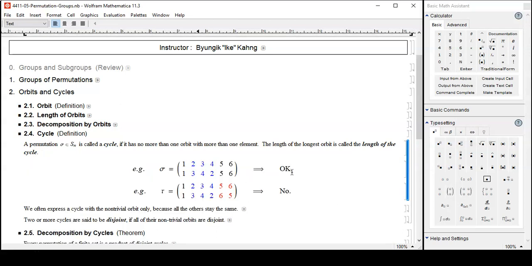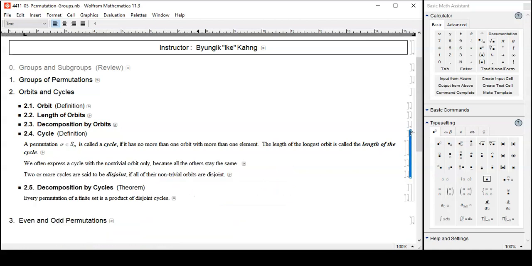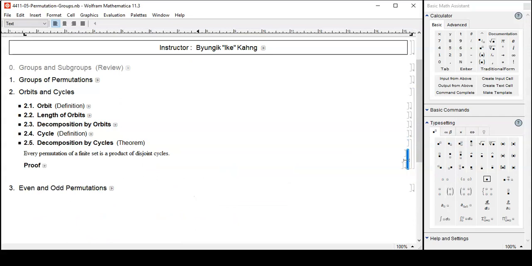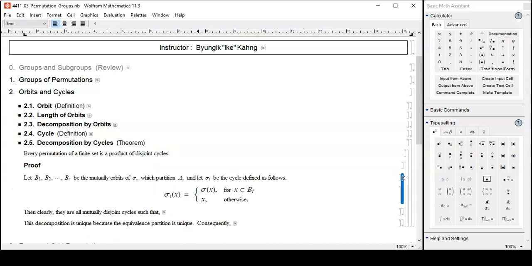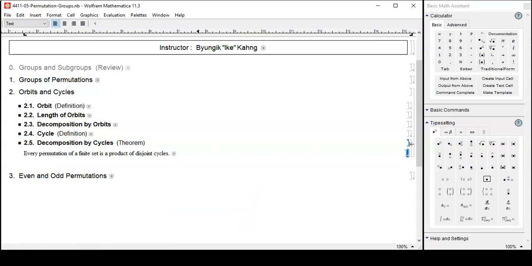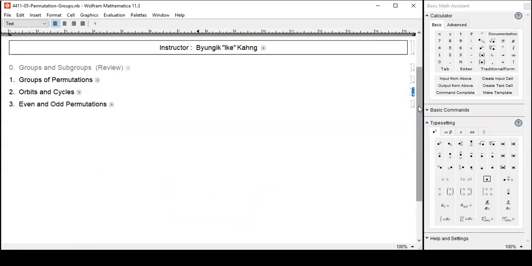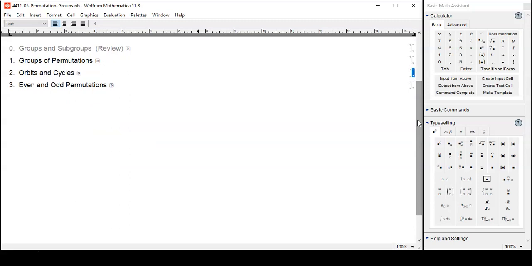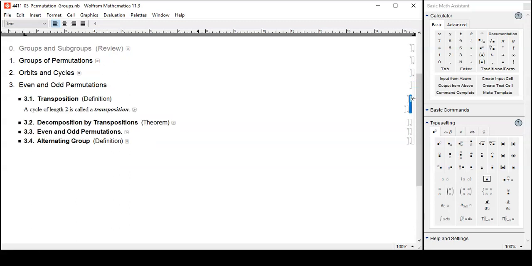For example, here's a cycle, and this is not. And you can see that the latter is actually a product of two disjoint cycles, blue and red. And that can be generalized for arbitrary permutations actually. We completed up to that point. Now let's resume.